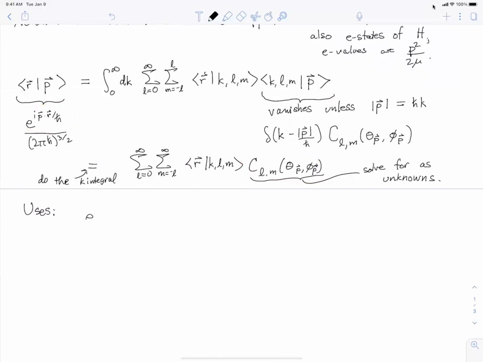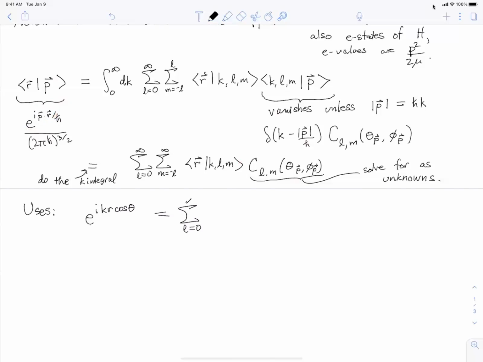One is e to the i k r cosine theta. And you can sort of see how that relates here. Cosine theta is what you get when you take the dot product of two objects. That turns out to be equal to a sum over l.